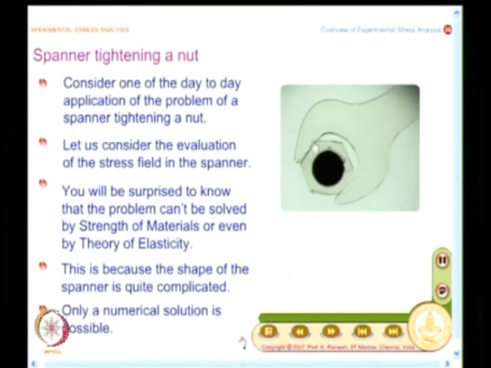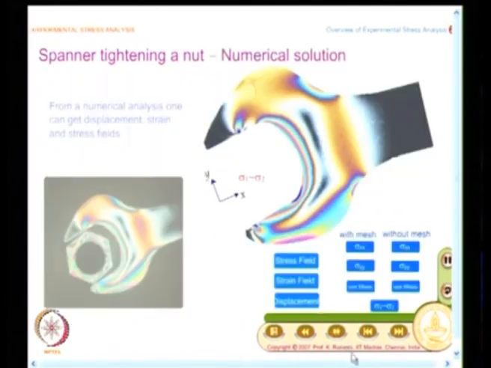This is primarily because the shape of the spanner is complicated and you cannot define the outer boundary in a convenient fashion for you to do a theory of elasticity solution. And in this case, only a numerical solution is possible. I do not have a closed form expression, so I have to solve this problem numerically. And let us see how the numerical solution is.